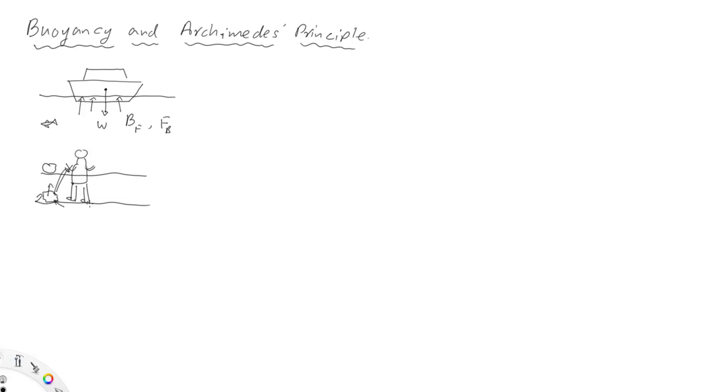So where is this coming from, or how do we calculate this? How do we figure out the math? That's what we're going to talk about now. We're going to do a little experiment. Let's say we have some mass, a couple of grams. We're going to weigh it.